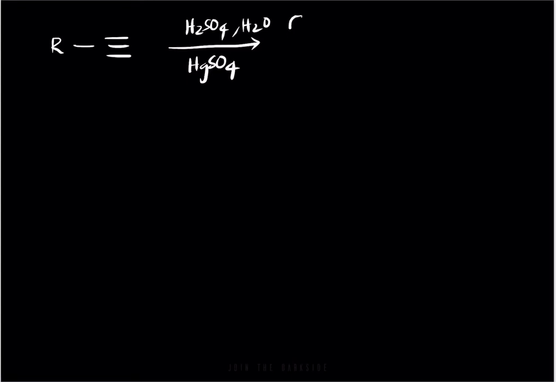If you take a simple alkyne and react it with H2SO4, H2O and HgSO4, the product that you get is, notice that the red represents the more substituted carbon, and the blue represents the less substituted carbon.